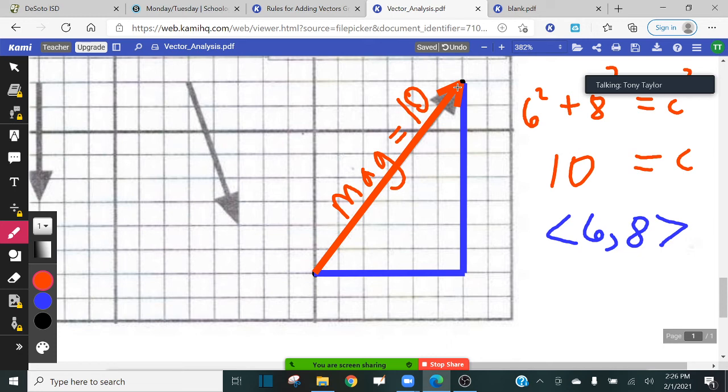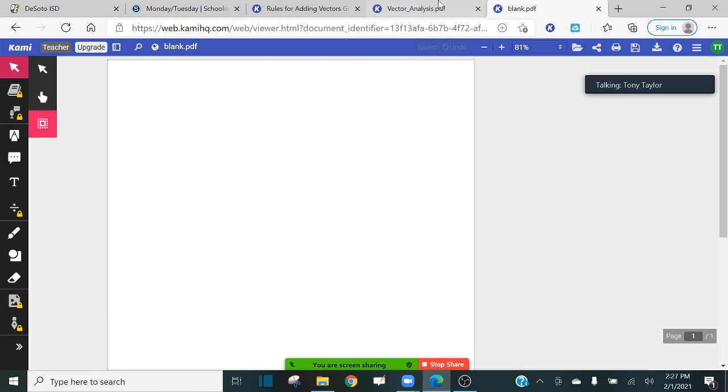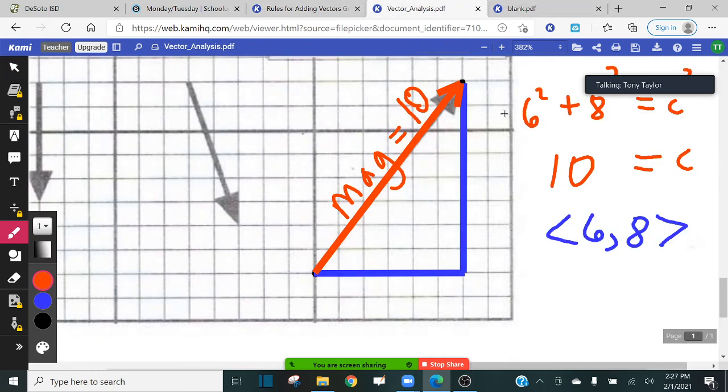So everybody got that, guys? On your assignment, whenever it asks you to find the magnitude of a vector, you get your x and y components first, and then from there you just use Pythagorean's theorem.